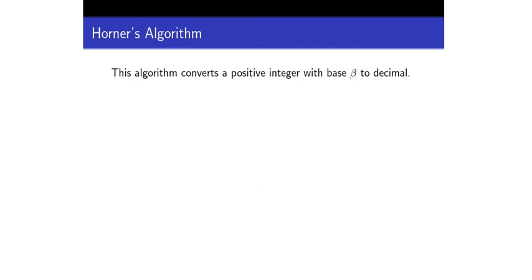Let p of x be the following polynomial of degree n, where each ai is a real number. P of x is only a polynomial, and these are real numbers.